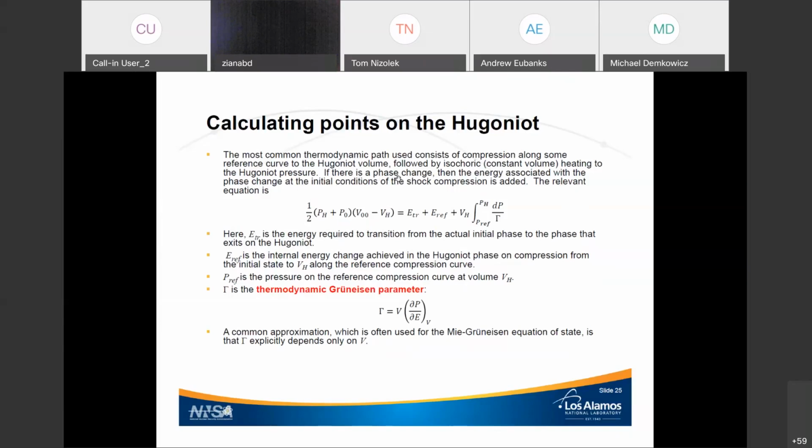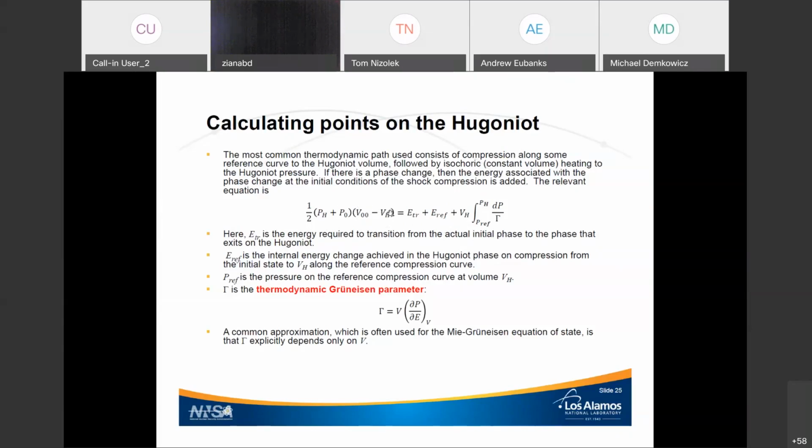If there's a phase change, or if our reference compression curve, whatever it might be, is not the same as the state described by the initial condition, we throw in an energy of transition required to get us from that initial condition to the starting state of our reference compression curve.